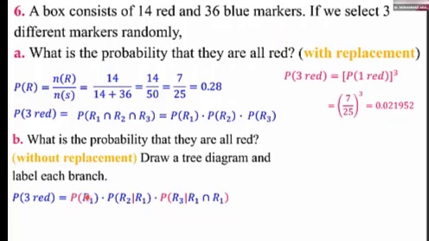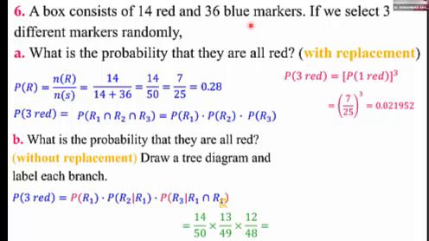And the first one has been red. So instead of 14, we have 13. Times the probability of R3 given R1 intersection R2. This is R2. In that case, we go down to 48. The total is 50 and then 49 and 48. And the number of reds, 14, then goes down to 13, then goes down to 12.